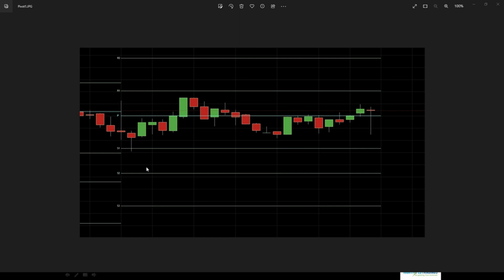Give it at least 45 minutes to 1 hour for the script to run after the market opens. And only after that, when everything stabilizes, then you reach a conclusion, or then you start making decisions. If you are into equity cash, make sure that you don't start trading before 45 minutes to 1 hour after the market opens. Give it some time.